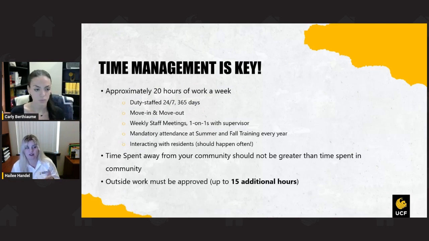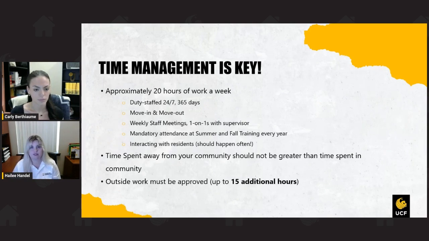And so right off the bat, you can guarantee that you're going to have a 2-hour weekly staff meeting, plus you'll usually do at least one weekday duty shift a week, and that's going to be the 4:45 to 8 p.m., so roughly about 3 hours. So you're looking at a consistent 5.5 hours that you will be working in the RA role every single week.